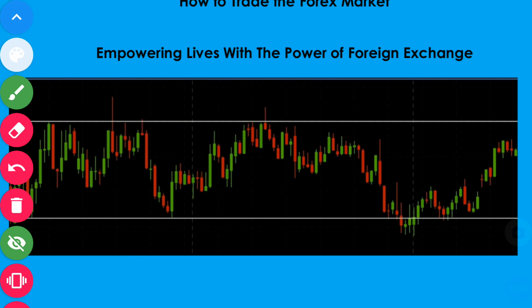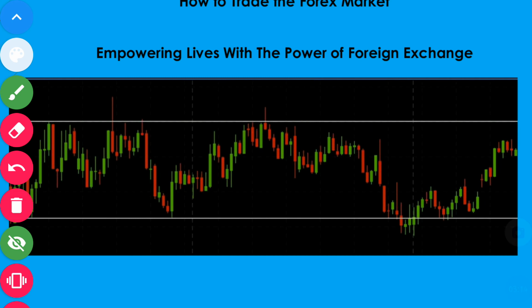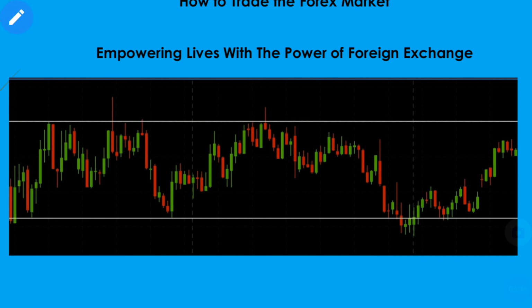So what we see here is resistance. That line is resistance, and you can see that it's above price action. And we can see another line down here.